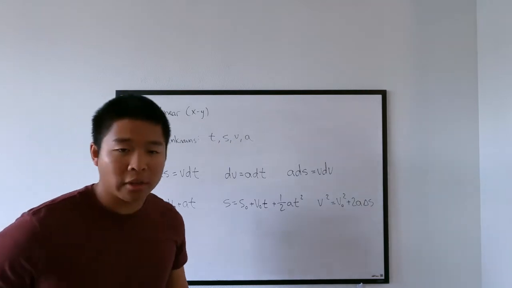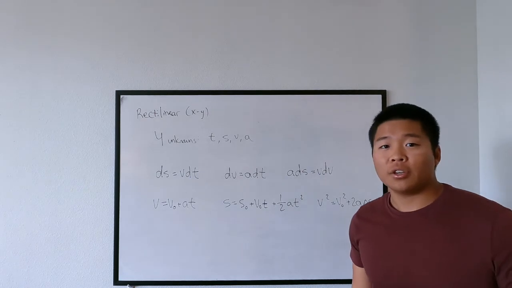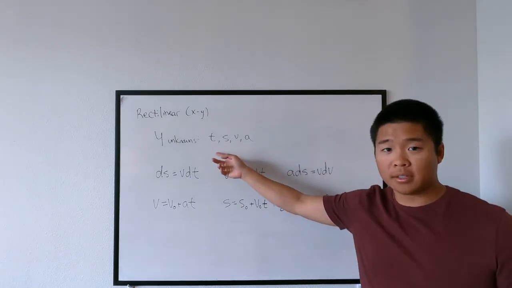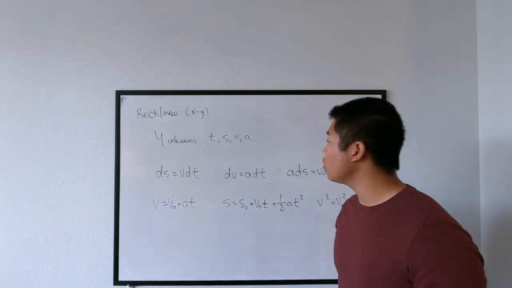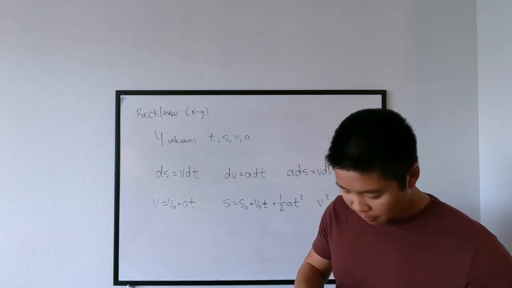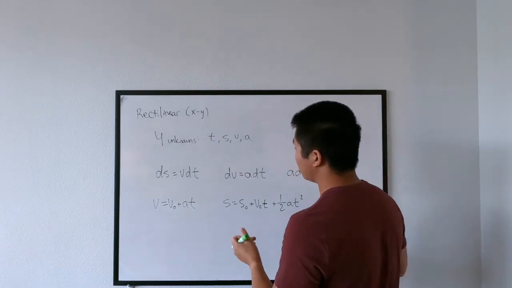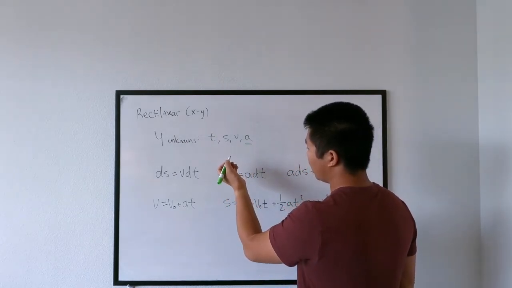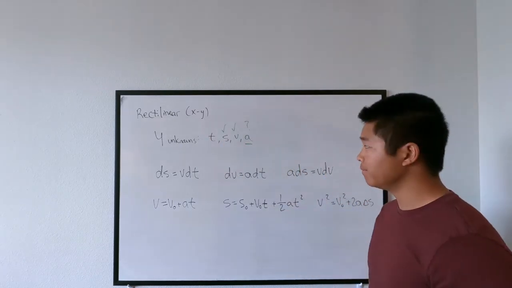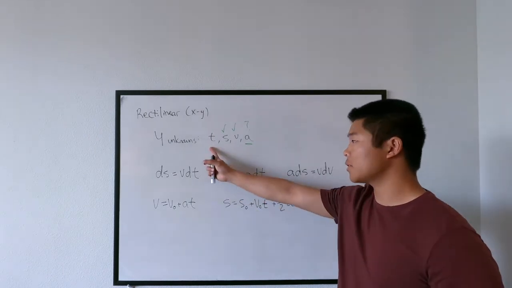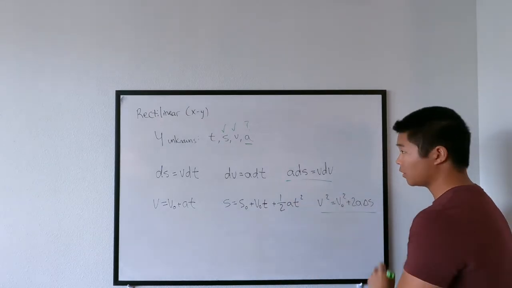So when you're looking at a problem, usually it's going to ask you for one of these things, and it's going to give you some other stuff. I'll take out another color marker. So if a problem is asking about the acceleration and you're given these two, you're like, okay, I don't care about time. So which one of these equations doesn't have time in it? Oh, this one or this one.